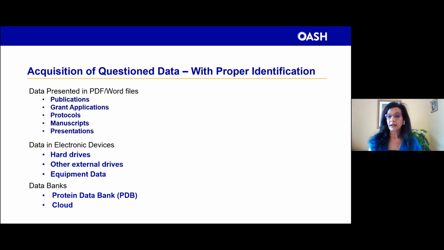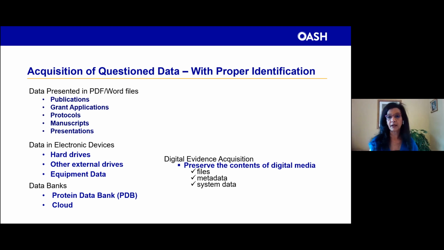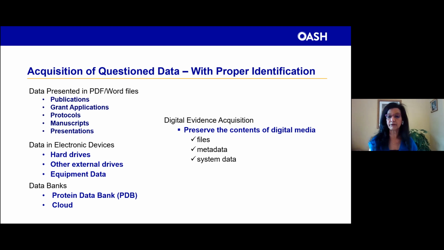Some types of data are deposited in data banks. An example I am giving here is the Protein Data Bank, where crystallographic and other types of data are deposited. We have to download them and start analyzing. If it's digital evidence, we need specific information about the files, metadata, and system data. So we have to download everything with proper identification.